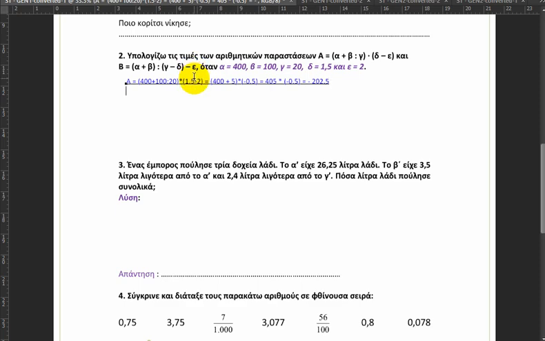Beta is equal to 400 plus 100. This should be in parentheses. Divided by 20 minus 1.5 minus 2.